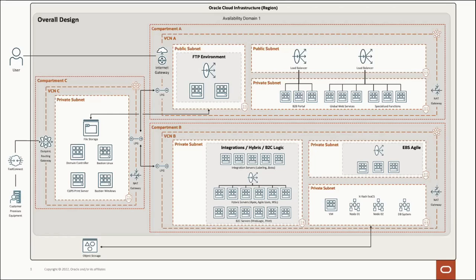When we're looking at reference architectures, it is really a blueprint, because we have the overall design of the compartment structure, the security that needs to be implemented, the different VCNs that we're using here, the different services, and how they all connect. But when we were preparing for this, one of the things you brought up is, well, we have the overall design, but what about the intricacies, and what about the other parts that are involved in this?